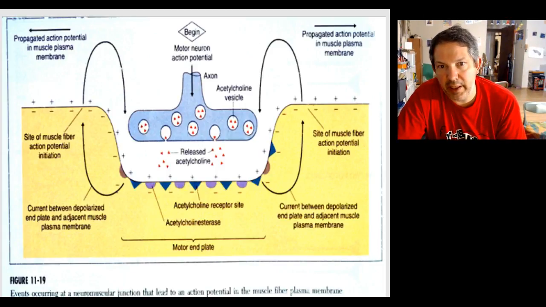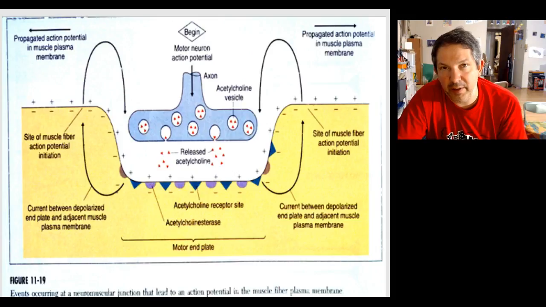It's going to change the voltage on the cell membrane. It's going to open ligand-gated ion channels, channels that open and allow ions in response to a ligand, in response to some small thing that they bound with.